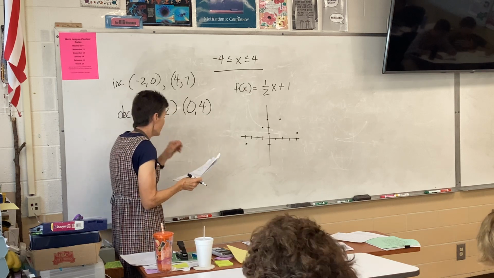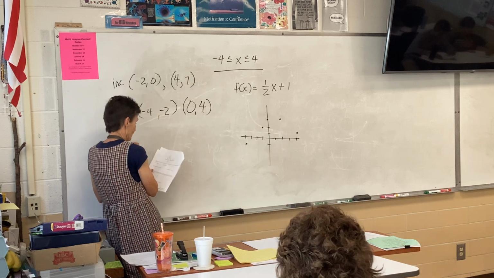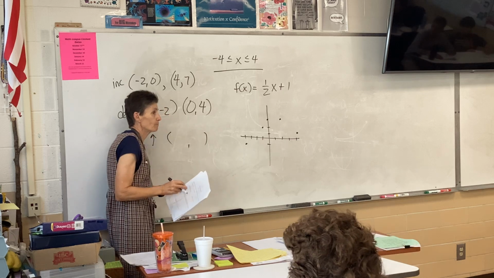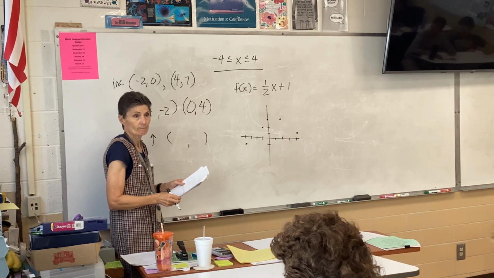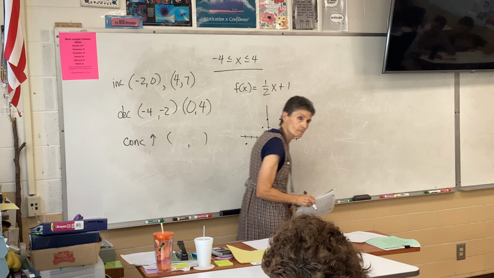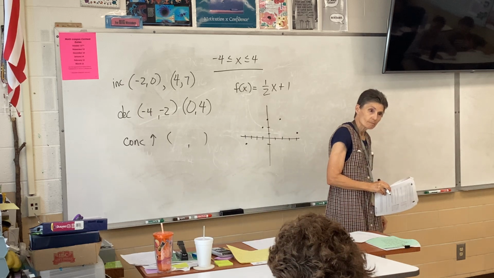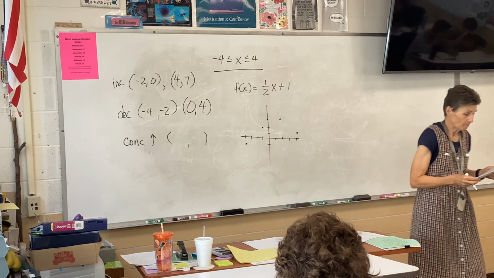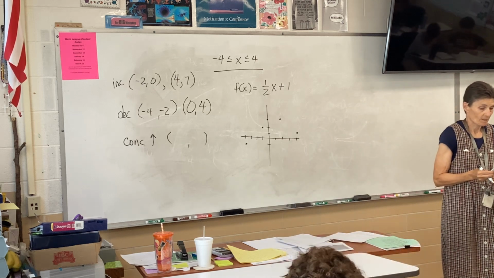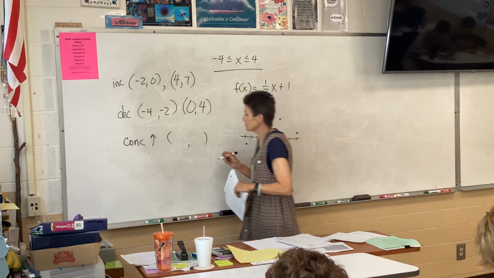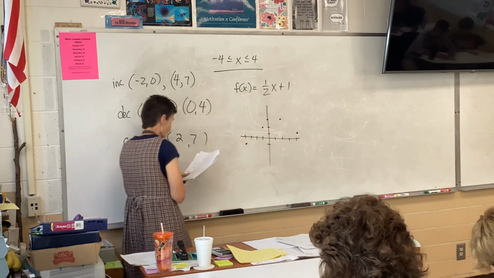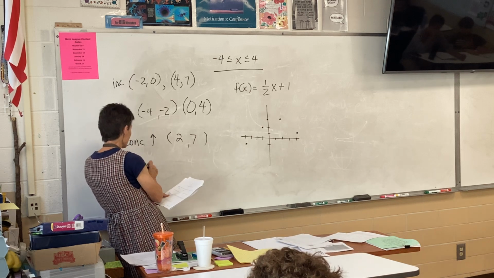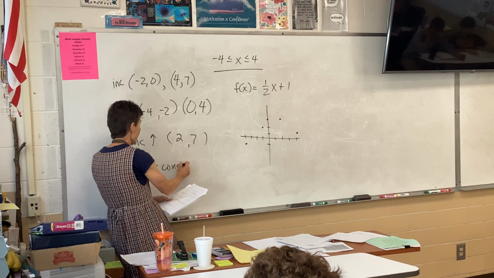Where in the picture are we concave up? Sorry about that. Where are we concave up? 2 to 7. 2 to 7, concave up, very good. Where are we increasing and concave down?